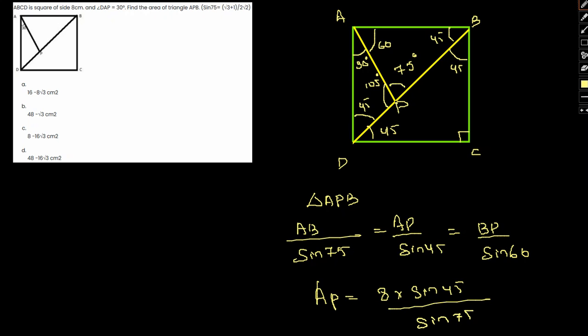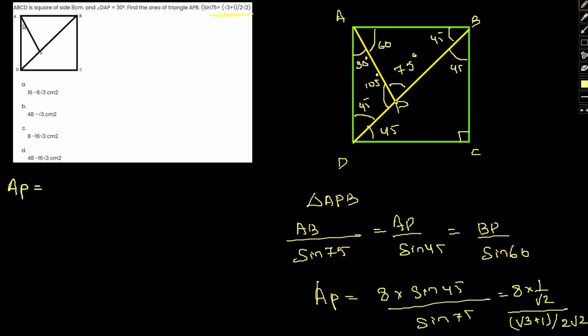Okay, so sine 75 is root 3 plus 1 by 2 root 2, it's given over here. So we know 8 into 1 by root 2 divided by root 3 plus 1 by 2 root 2.